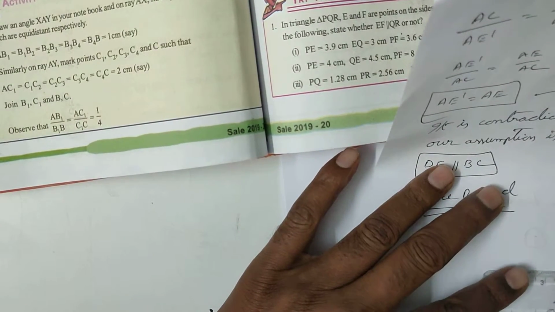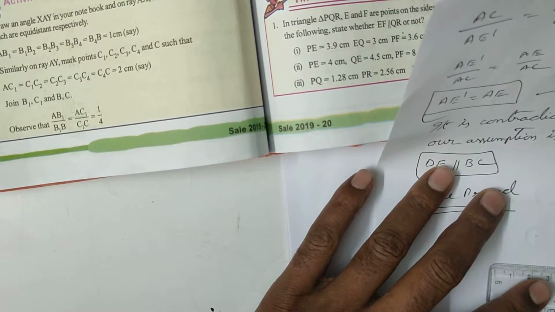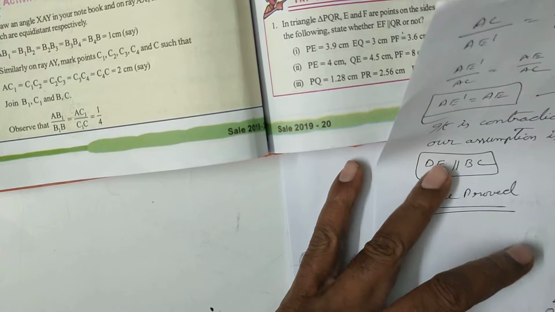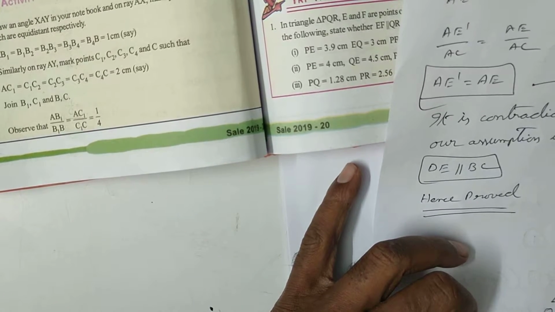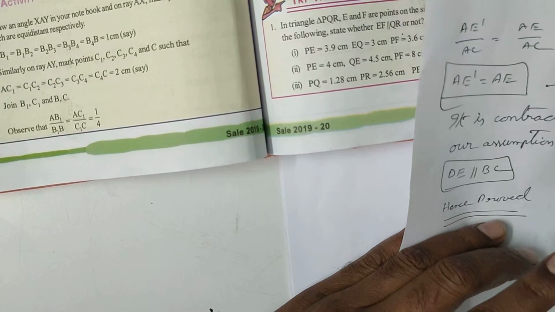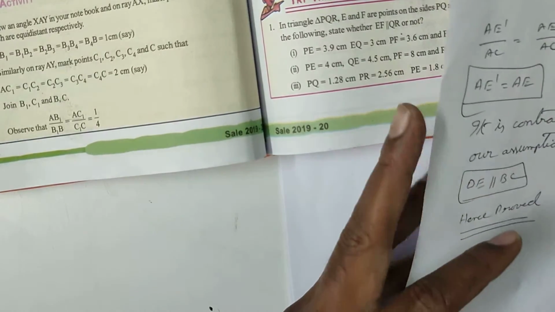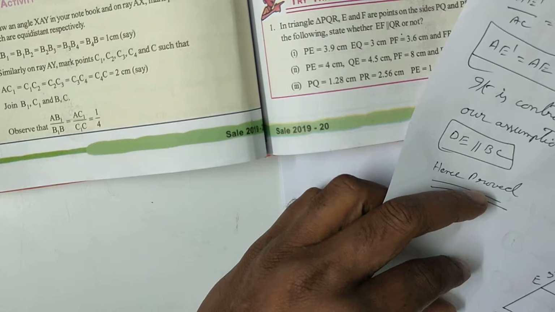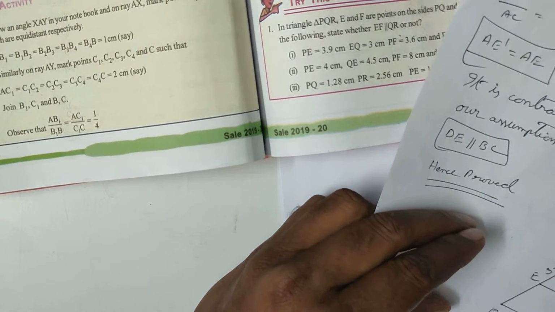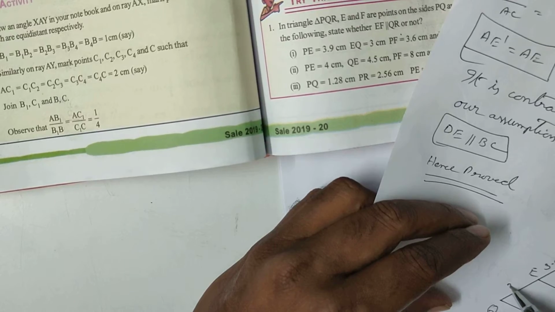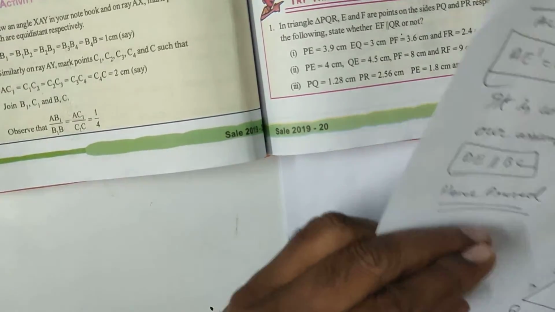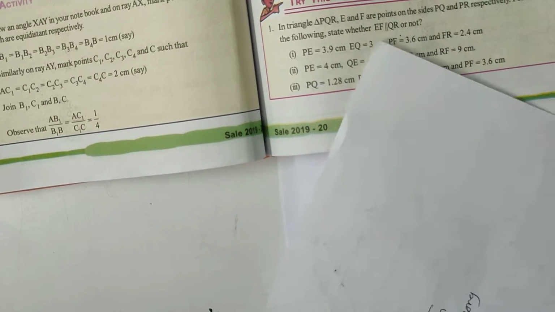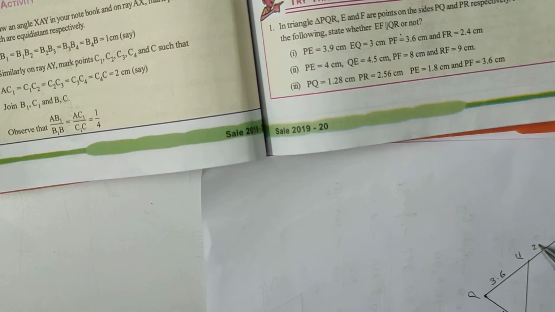Okay, E and F are points. PE is 3.9, EQ is 3, PF is 3.6, FR is 2.4.